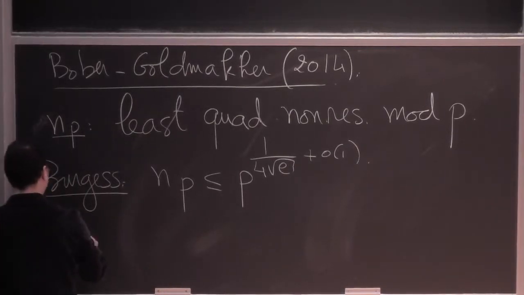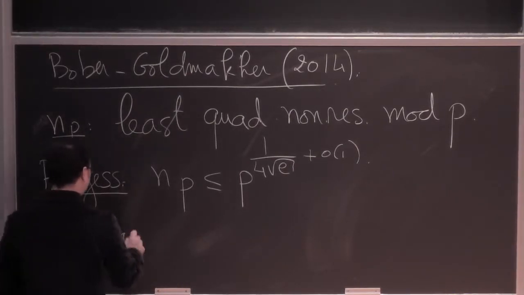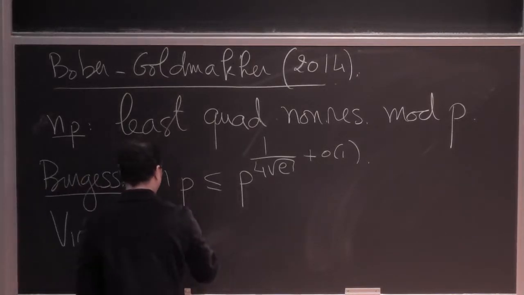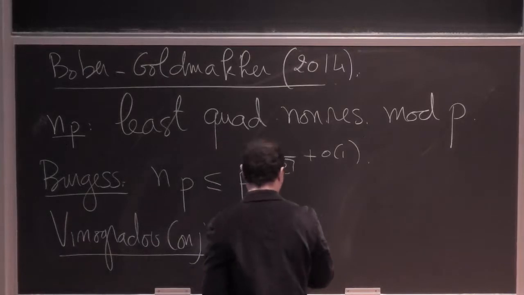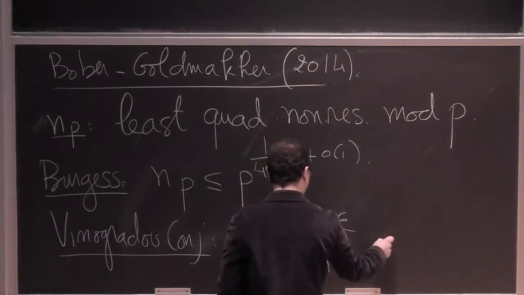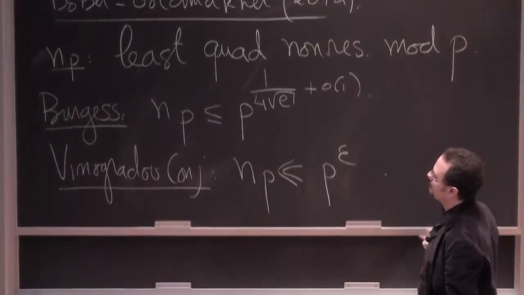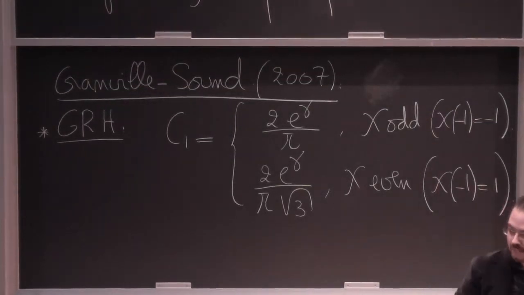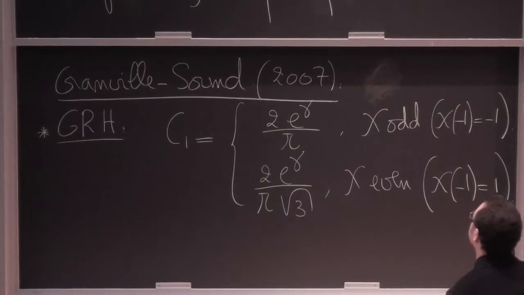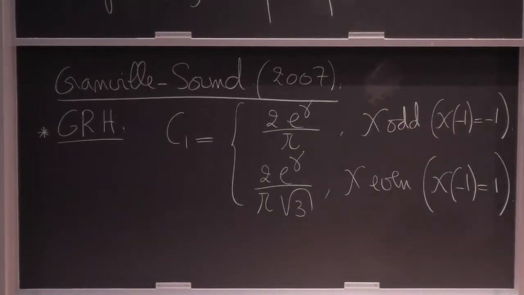So we believe what's called the Vinogradov conjecture, which is that n_p is bounded by p to the epsilon. And in fact, on GRH, you can do much better.